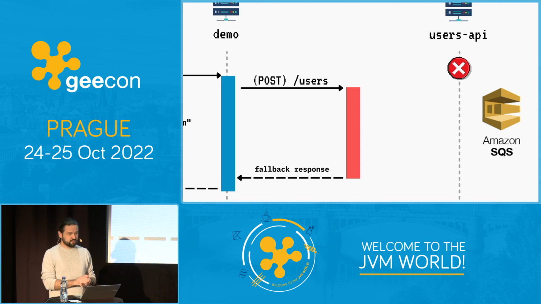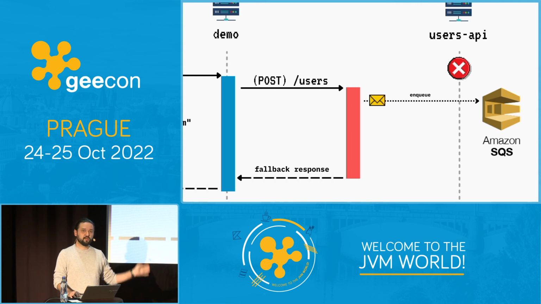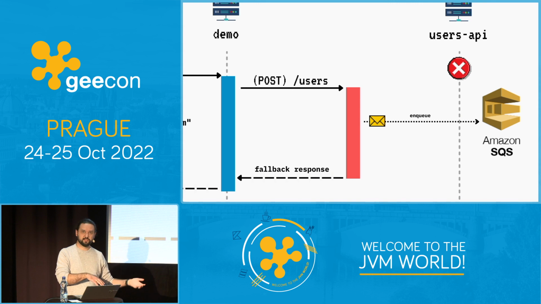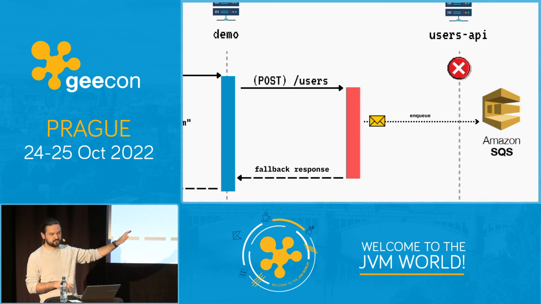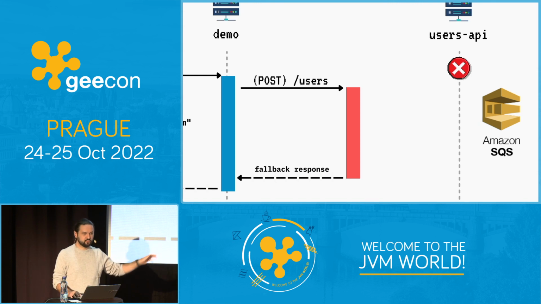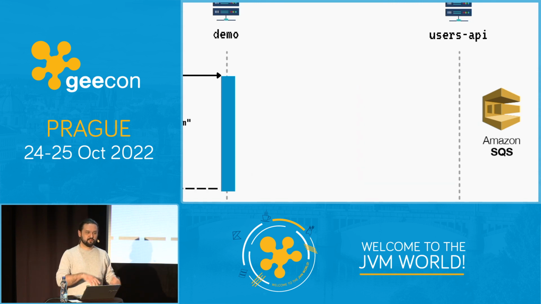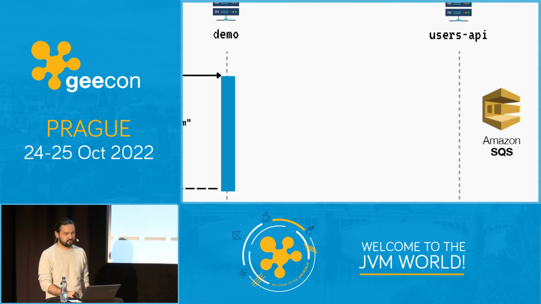So whenever there is a user create request coming in, we're going to enqueue it to the SQS queue. Thanks to this, if our application dies suddenly, we still have these requests stored on SQS, and they will be waiting until the users API becomes reachable eventually.